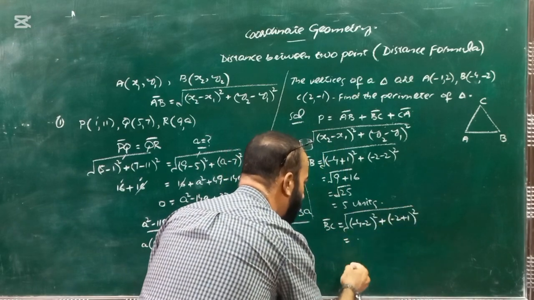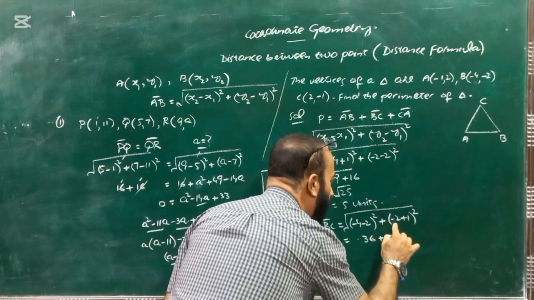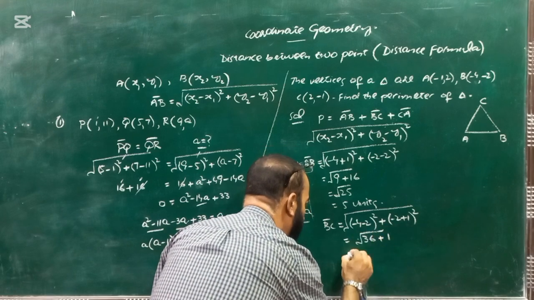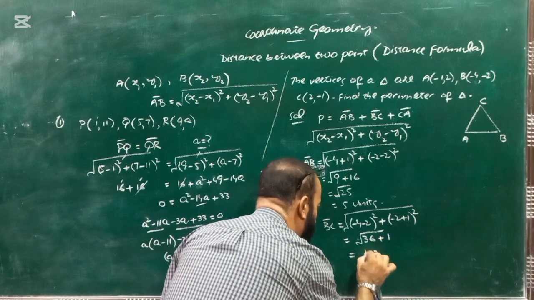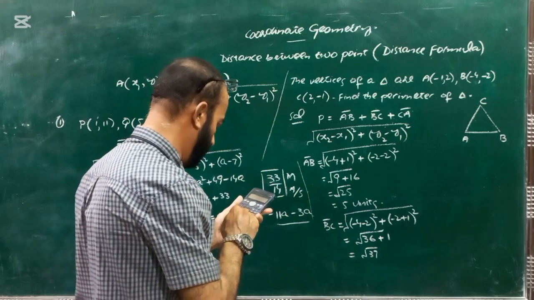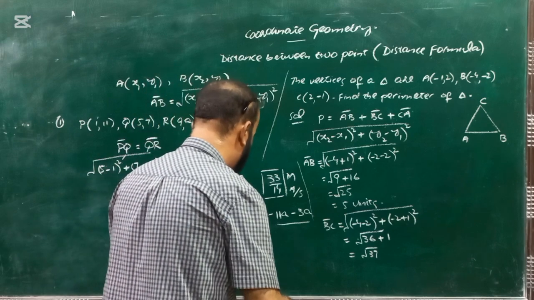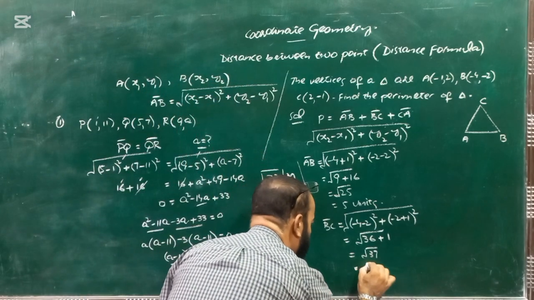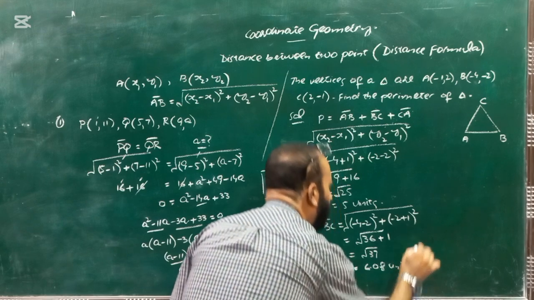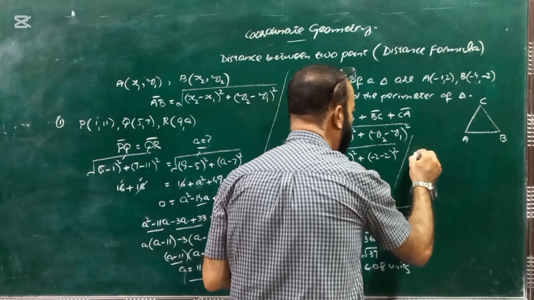So minus 4 minus 2 is minus 6, square 36, plus minus 2 plus 1 is minus 1, square will be 1, and this will be the square root of 37. So the square root of 37 is 6.08 units.